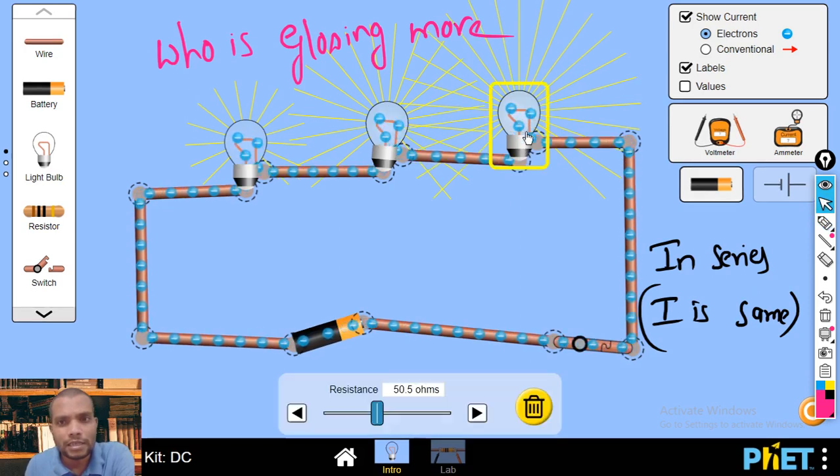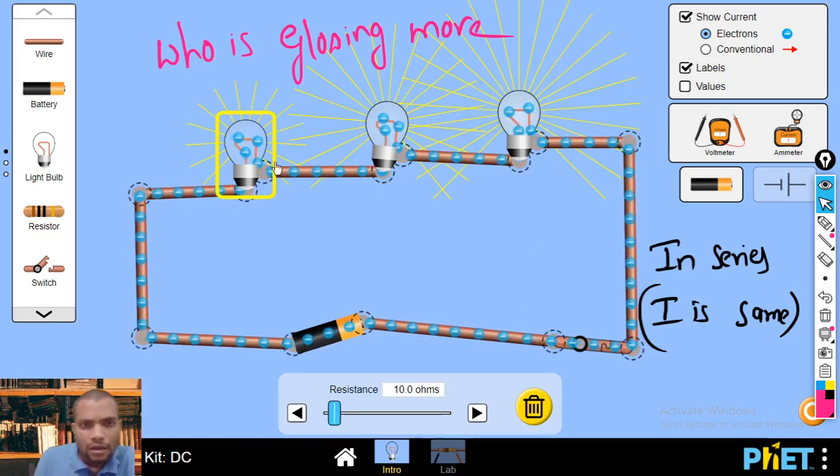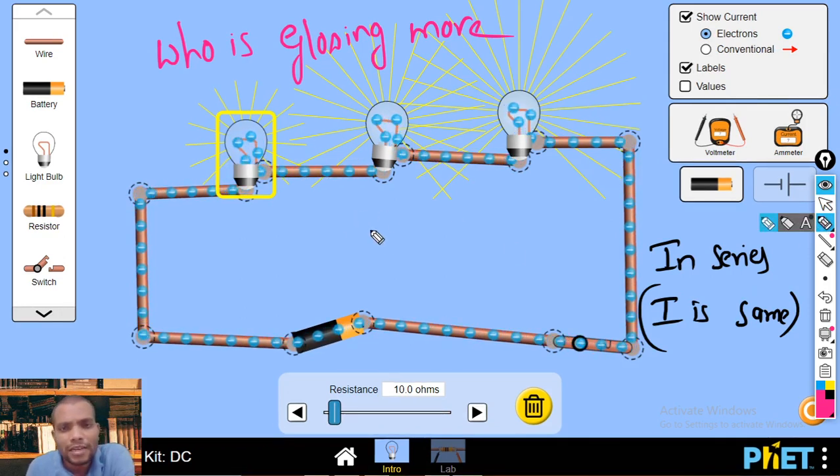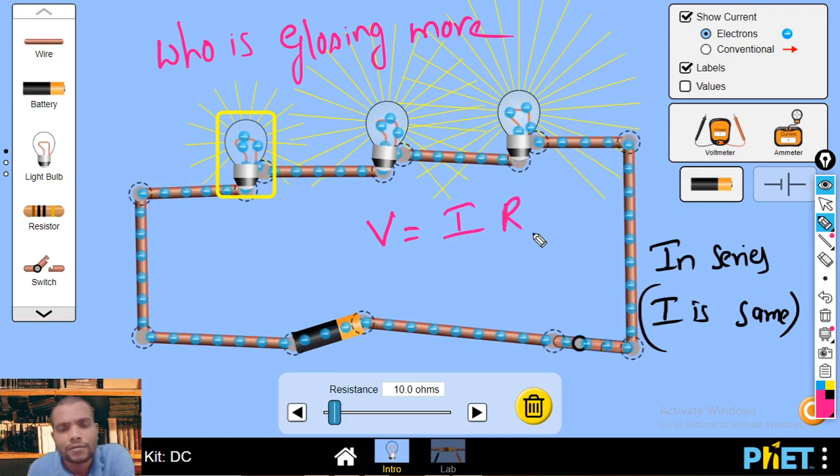The third bulb resistance is more than the second bulb, which is only 30 ohms, and than the first bulb. So if the resistance is more, why is it glowing more? We can understand that by the relation V equal to IR.